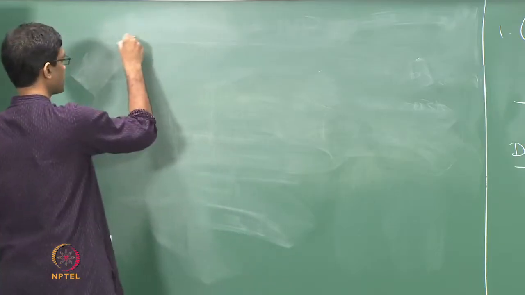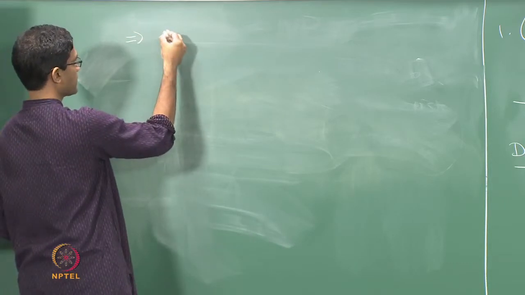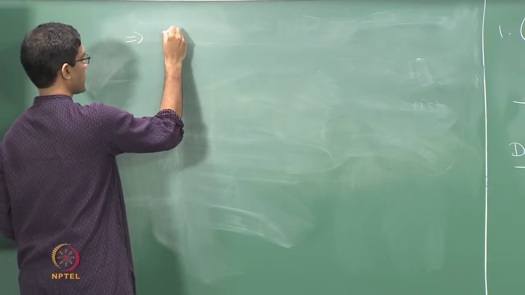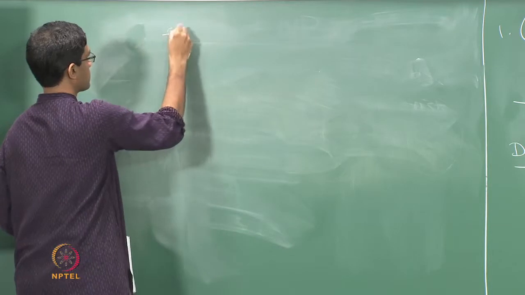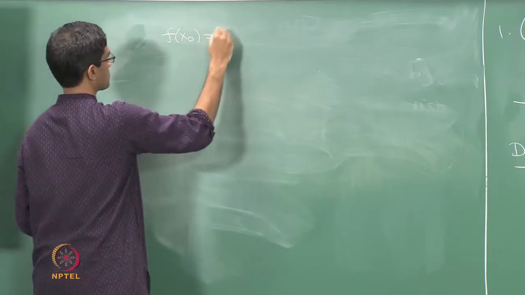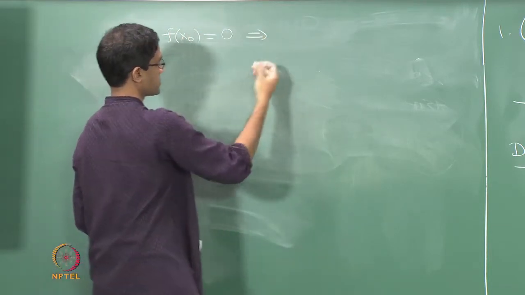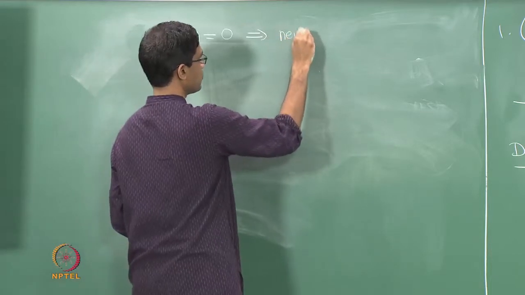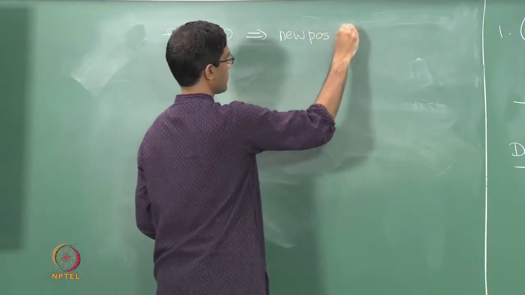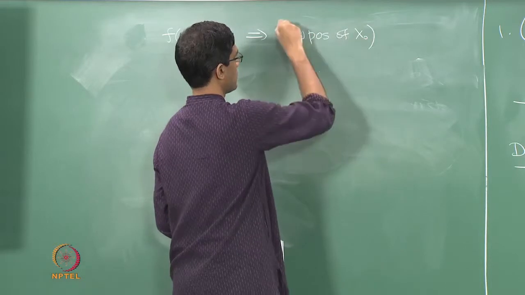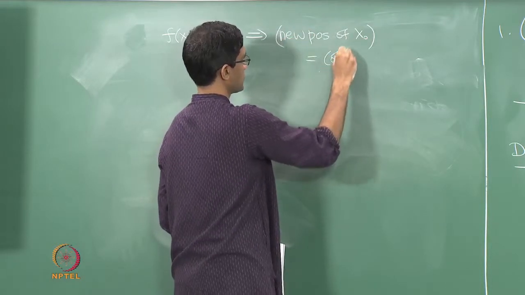So what does that mean? That of course means that the displacement of x naught is 0. So what is f of x naught? 0 means that it suffers 0 displacement. In other words, its new position is the same as its old position. New position of x naught is the same as the old position.